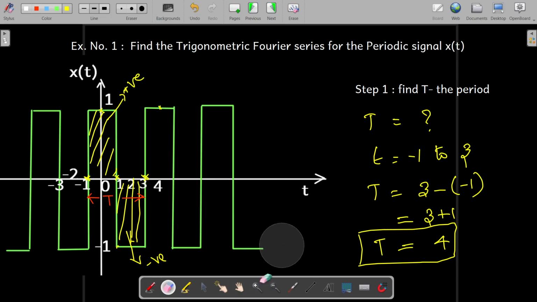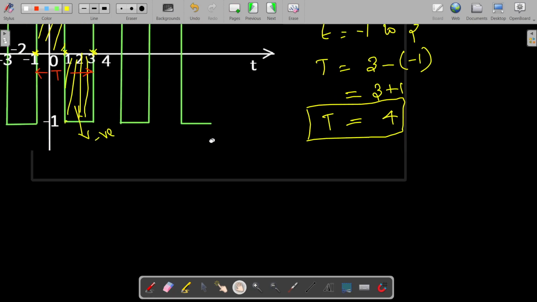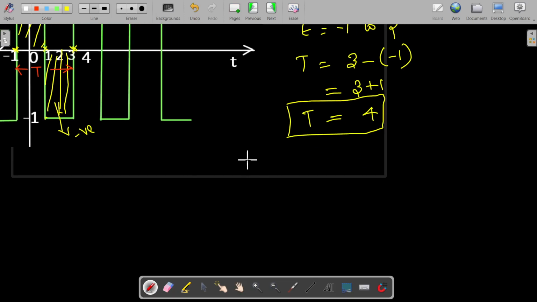After calculating T, the time period, you can go for finding the fundamental frequency. Omega naught is 2 pi f naught. But what's the relationship between f naught and T?